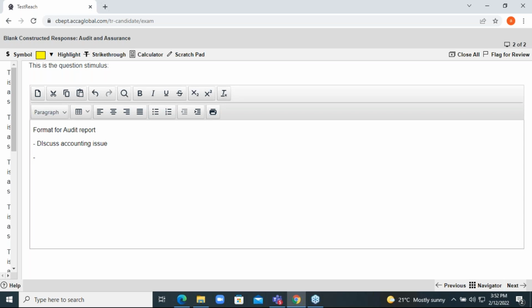Then we are going to calculate the materiality level, because we are going to find out whether this misstatement is material or not. Then we are going to discuss whether this is a pervasive or material misstatement.